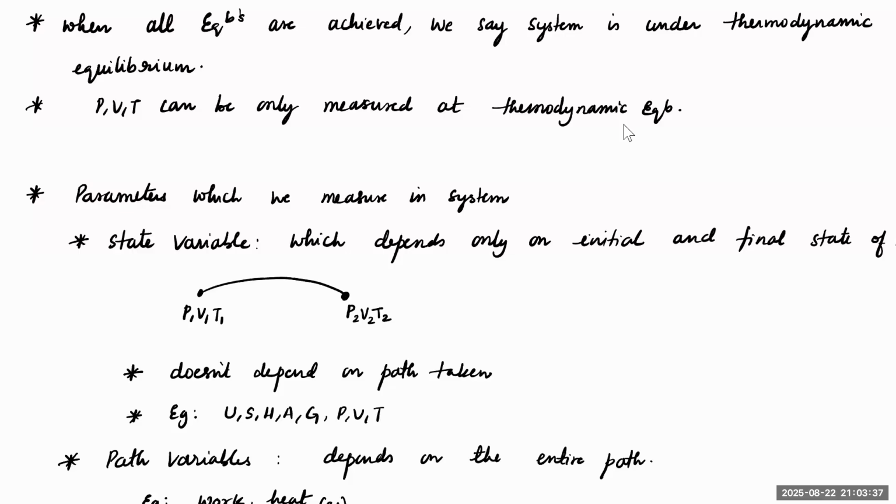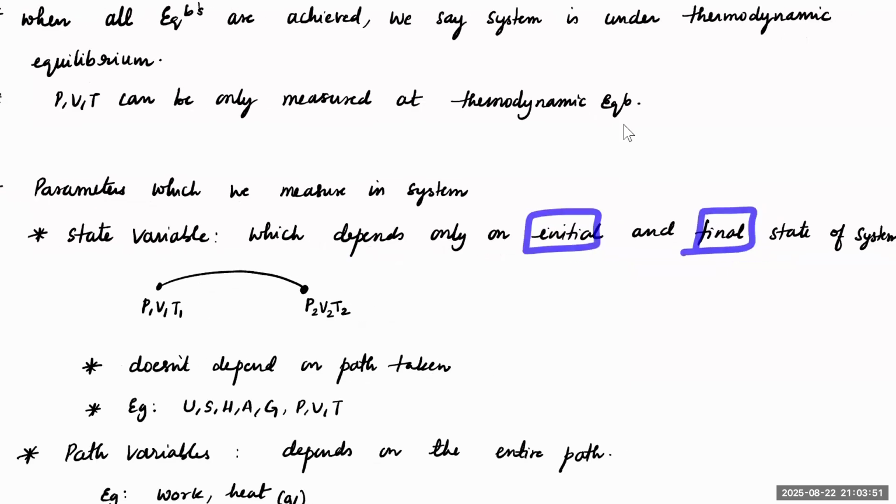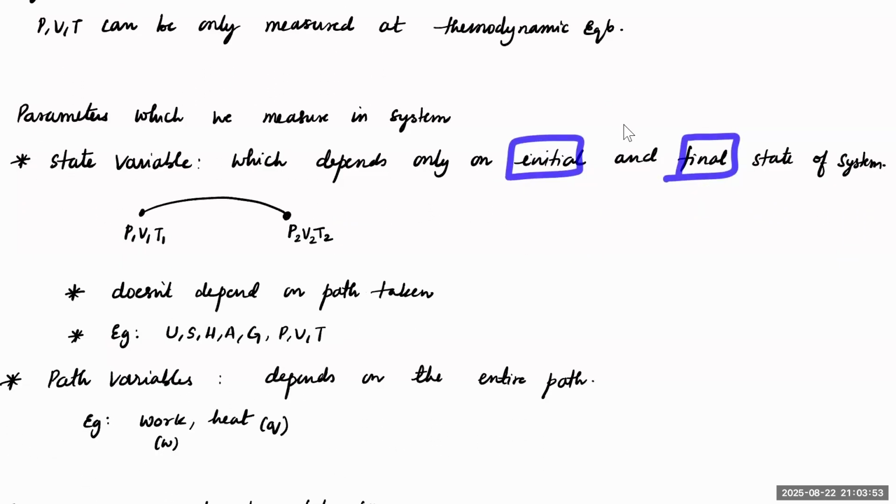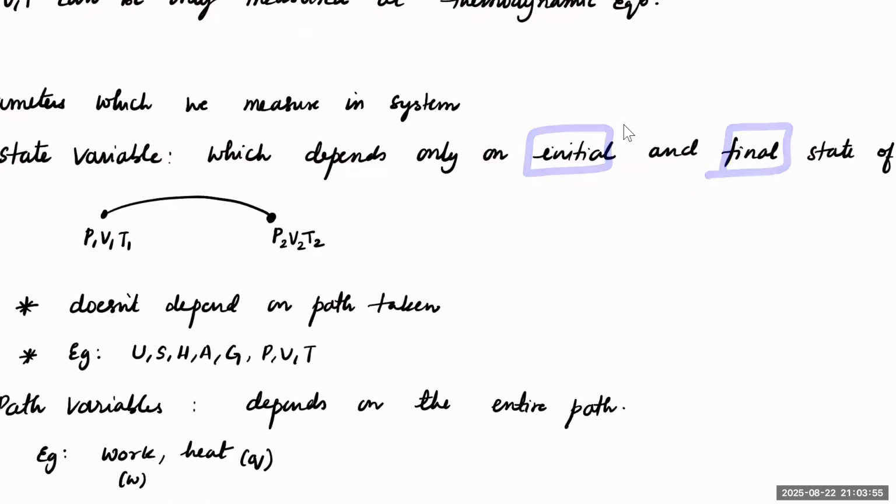Clear? Such types of variables which are defining the state are called state variables. These are called state variables. And state variables depend on the initial and final state of the system, and they are independent of what kind of a path we are going through. Then we say it is a state variable.